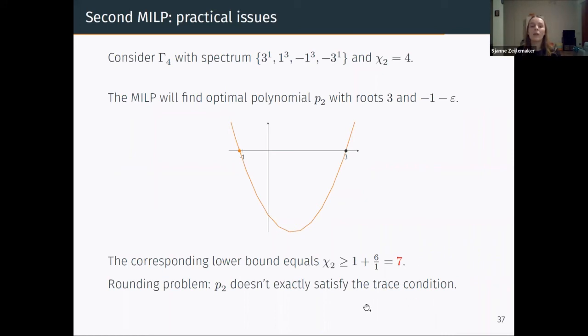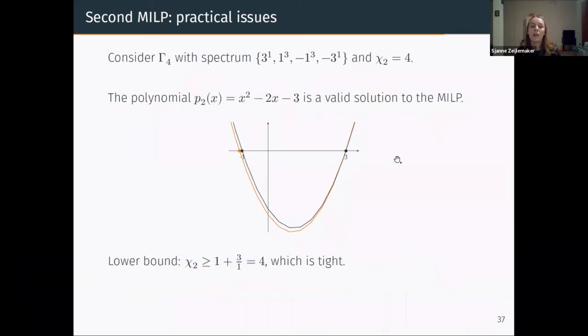So what we run into here is some rounding issues. This polynomial doesn't exactly sum to 0 on the eigenvalues, so it shifts slightly to the left here. And if we do the computation by hand, we find that this is actually the optimal polynomial that we want to find with this bound. And this gives a tight answer.